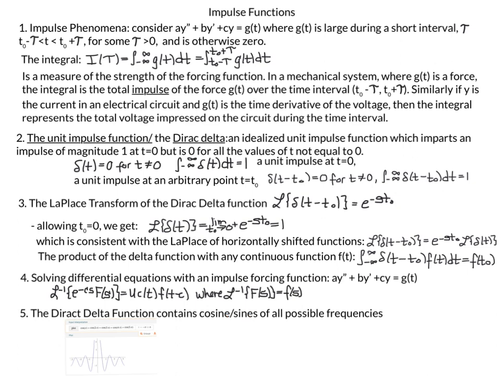But since you can write that as frequencies, if you send an impulse function through a system, you will know how that impulse function affects all possible frequencies. So then if you have a signal with just a few frequencies, you can know what the response of the system is going to be.